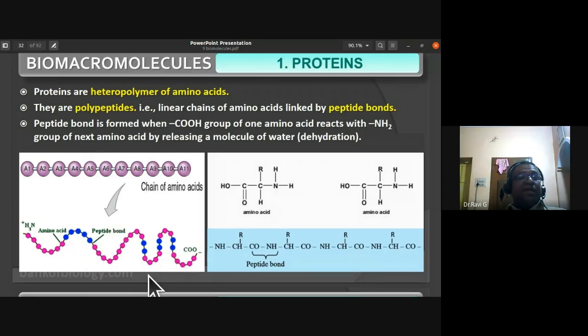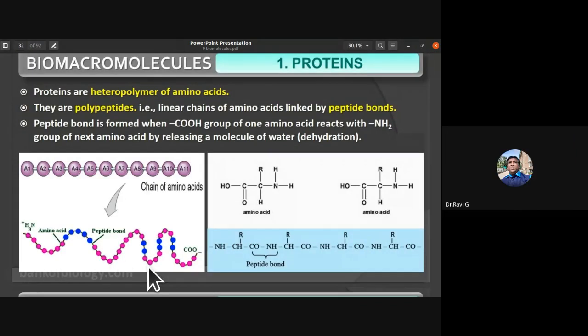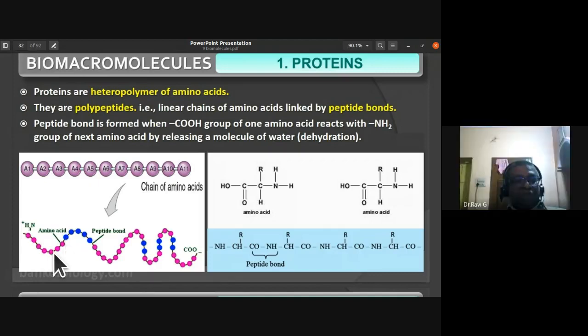See here in the structure of the protein, you can notice that pink colored is one type of amino acid and blue colored is another type of amino acid. So they are heteropolymers of amino acids. So proteins are also called polypeptides, that is linear chains of amino acids which are linked by peptide bonds.